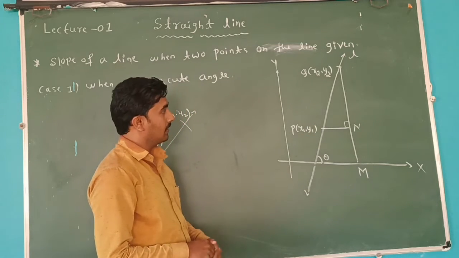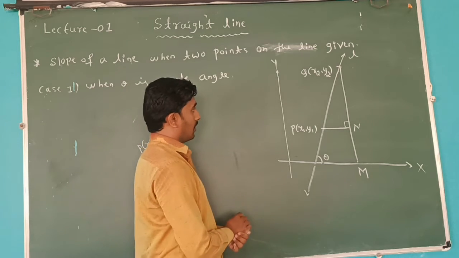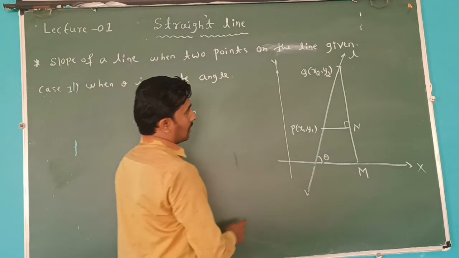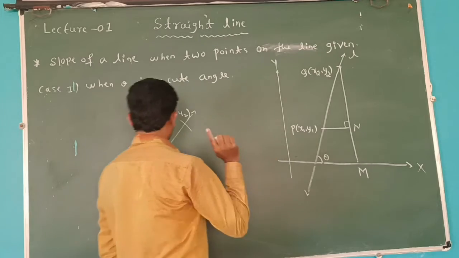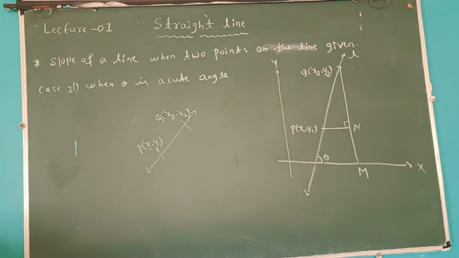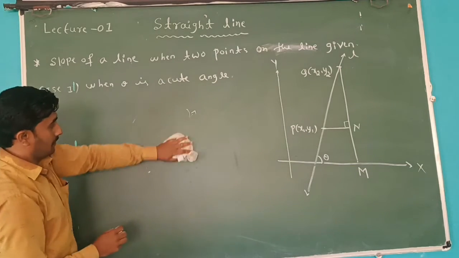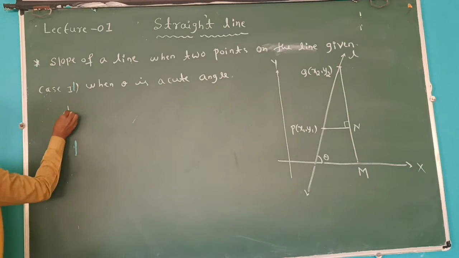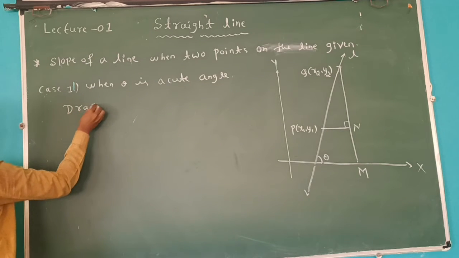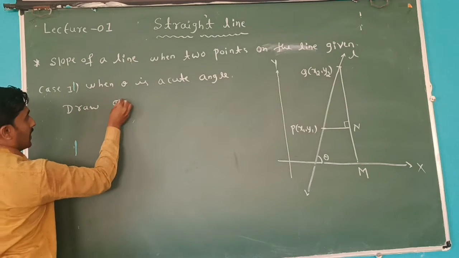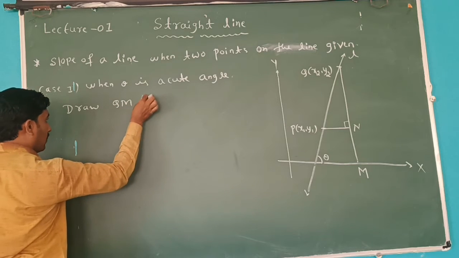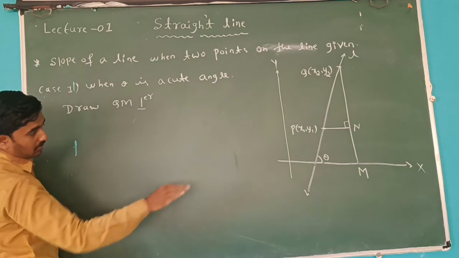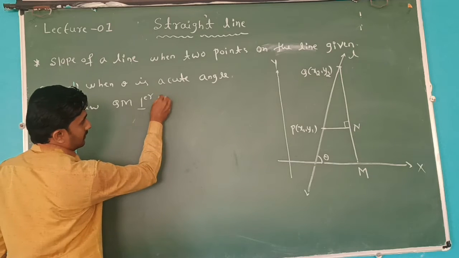For that we have to draw the perpendicular QM. QM is perpendicular to the x axis.